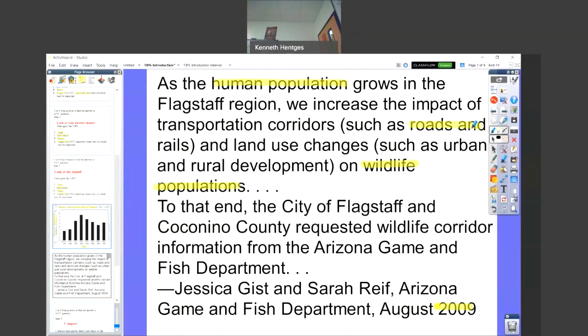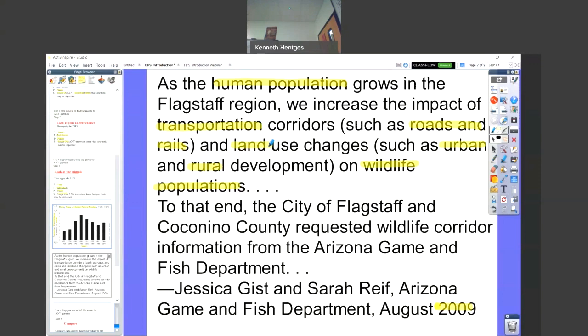roads, rails. Remember what I said on the first part of this? Urban and rural. Well, roads and rails are a part of transportation. Here's land. Now comes step, the letter S. All right, what else is important?